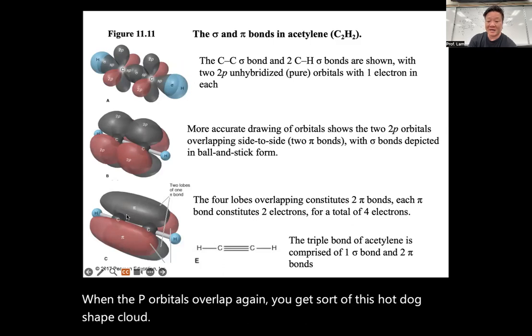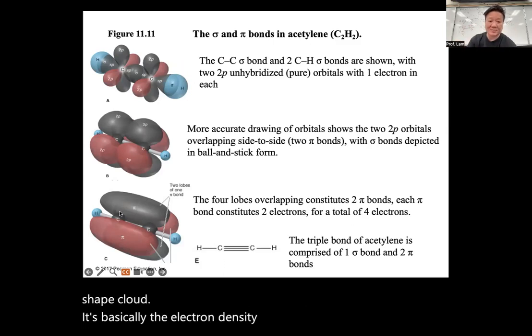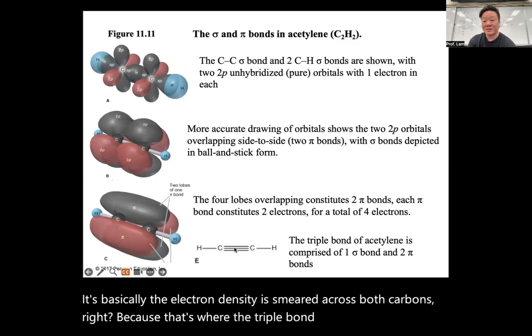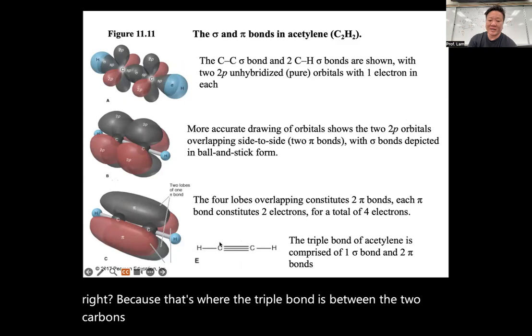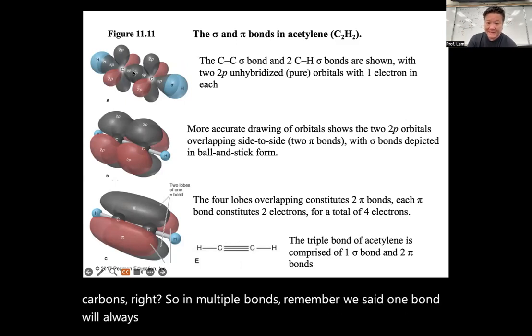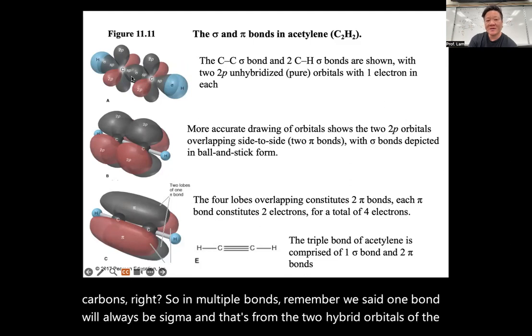It's basically the electron density is smeared across both carbons, right? Because that's where the triple bond is. It's between the two carbons, right? So in multiple bonds, remember we said one bond will always be sigma, and that's from the two hybrid orbitals of the two atoms.